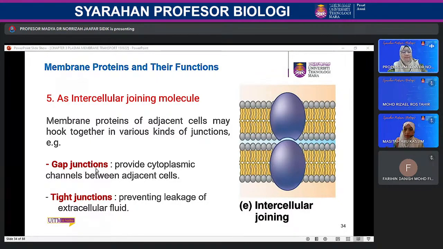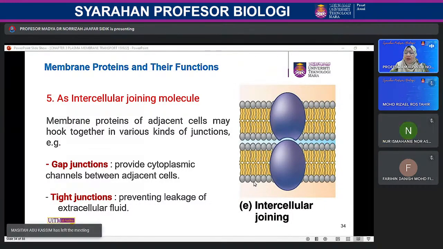One is the gap junction, which provides cytoplasmic channels between adjacent cells. The function of this actually helps cells to communicate with each other and transfer materials between one another. And there's the tight junction, which prevents the leakage of extracellular fluid.